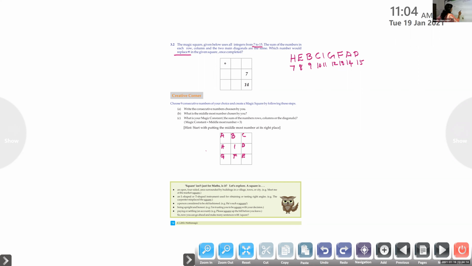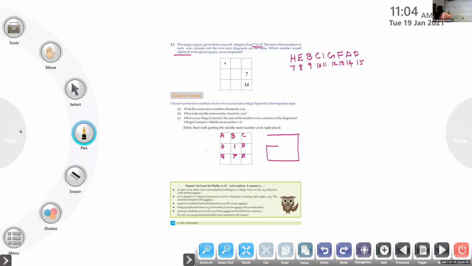It will go like this, like this, like this, complete the square and come. Clear? This way. Hepzig fad, just write it like this. Then what you have to do is, accordingly you write the numbers.